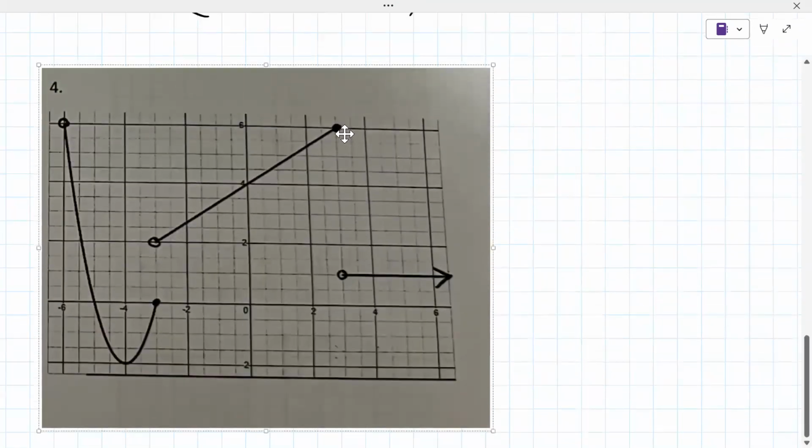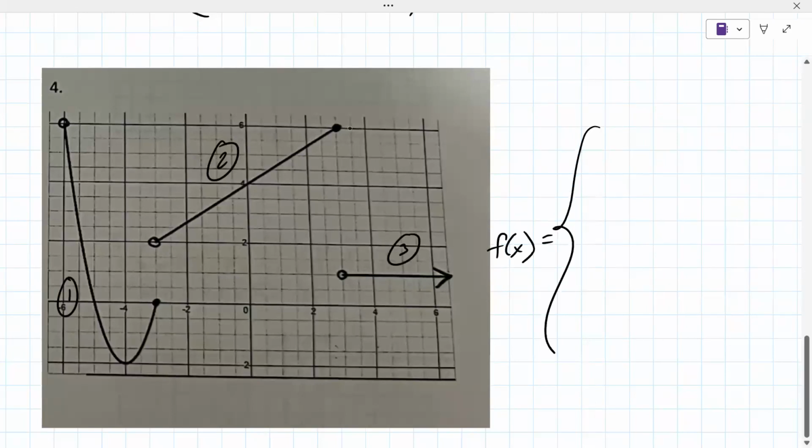So how many pieces does this graph have? Looks like 3. So we've got this on the left, it's quadratic, a line, and then a line. So again, the first thing you do is the domain. What's the leftmost x value? What's the rightmost x value of this parabola? For the first one? Yes, for the first one.